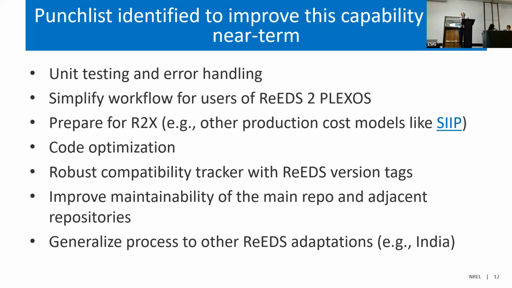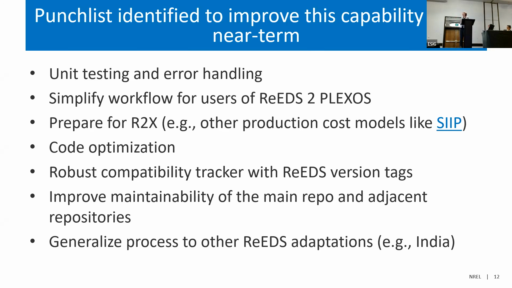And so on a positive note, this is a punch list for things that our colleagues are planning to do to improve the ReEDS to PLEXOS linkage right now, because we recognize that this is a critical capability that we would like to work more smoothly. And I'll just highlight the first two bullets.